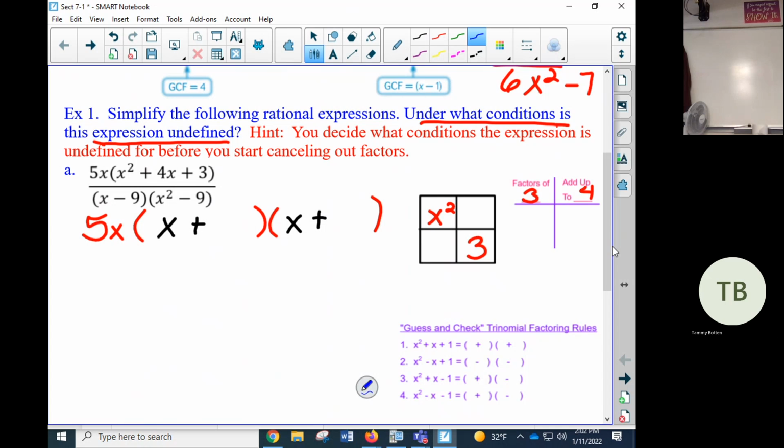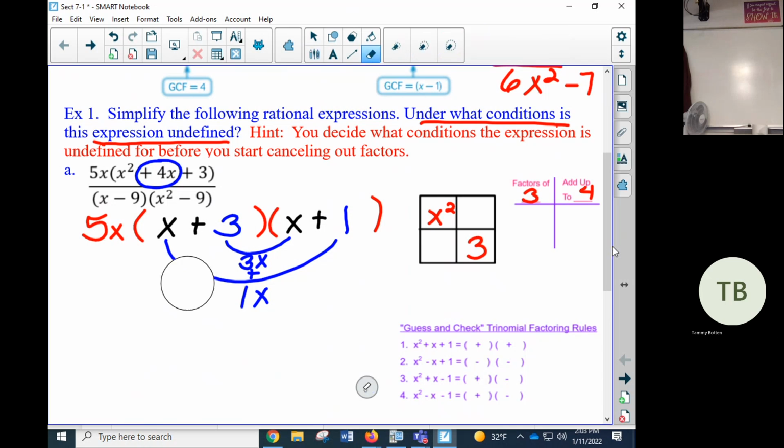But what you're going to do is try to find 2 factors of 3 that when you multiply them give you 3, but when you add them give you 4. What are they? 3 and 1. Now, do you guys get how you can check this too? This is 3x, right? This is 1x. If I add them together, it gives me 4x, okay? So that's a way that you can check them.